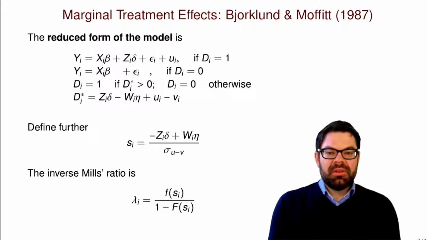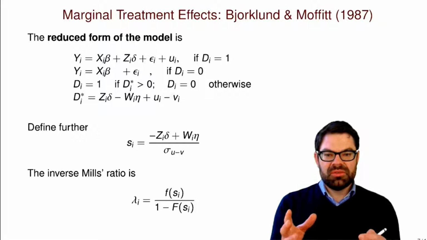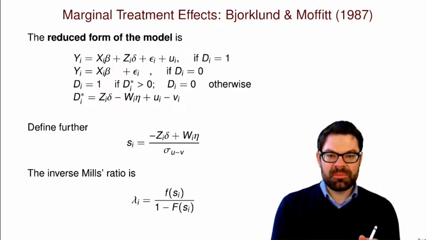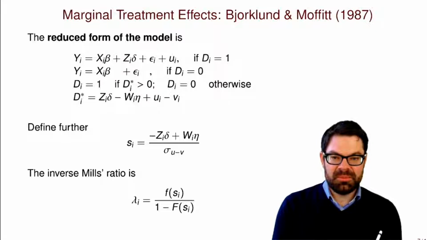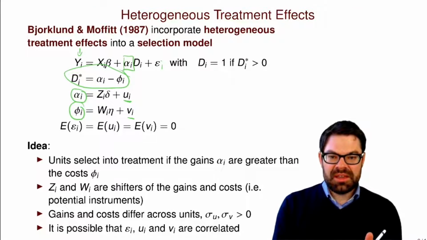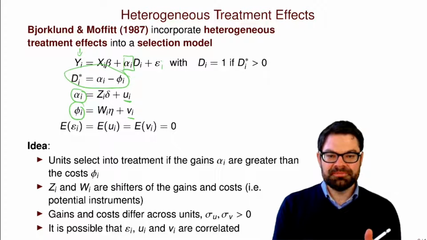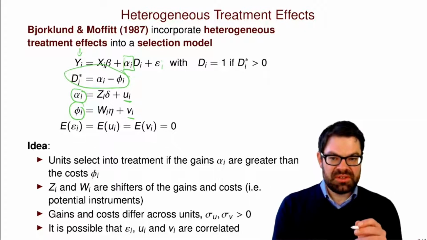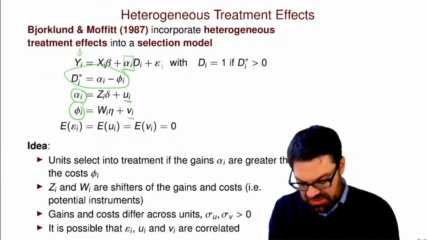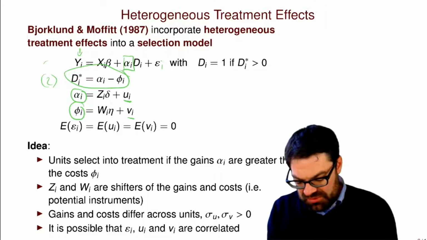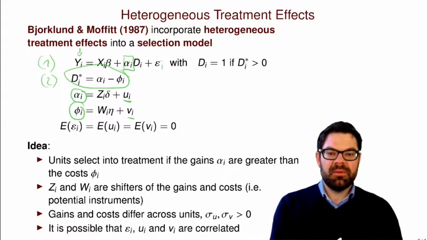Now, one way to simplify this model is to look at the reduced form. So what you do here basically is you take the selection equation, let's call this 2, and you substitute that into the main equation 1.